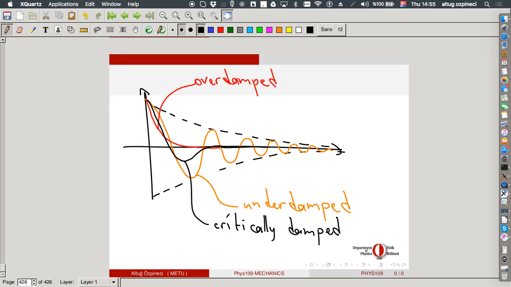Remember, the spring shouldn't be able to push you too far. So that's what we call the critically damped case. It doesn't stop right away. It doesn't keep on oscillating. So it is the longest possible time that you can stay without actually oscillating.